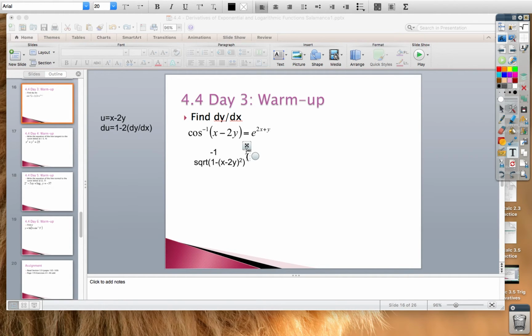Remember, the derivative of u is 1 minus 2 dy/dx equal to the derivative of e to the 2x plus y. Remember, we bring down the 2x plus y and find that derivative. So the derivative of 2x is 2 plus derivative of y is dy/dx times e to the 2x plus y.